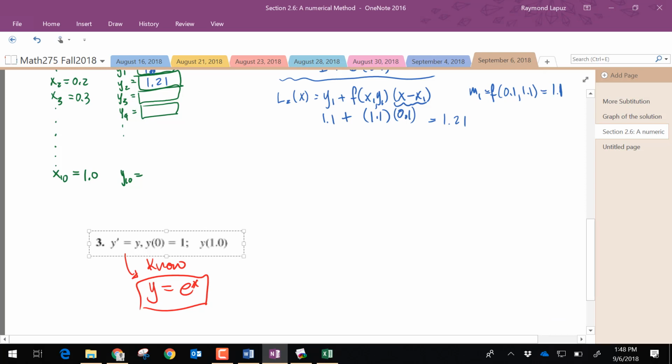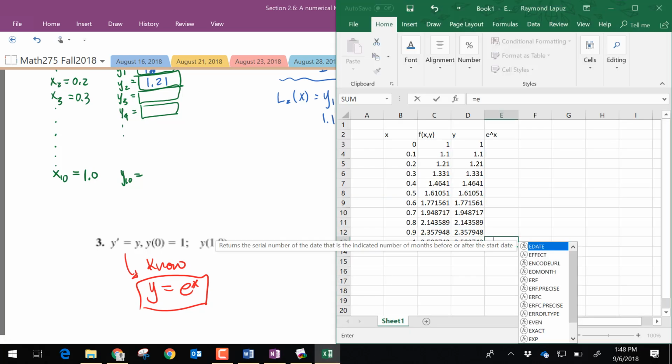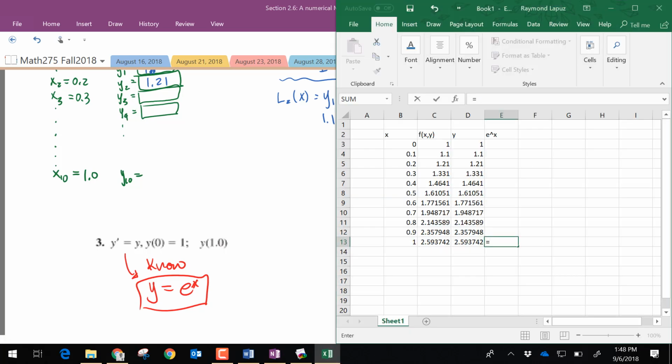And what happens when you put 1 into the e to the x function? You get e. What's e equal to? 2.718-ish. And so our approximation gave us 2.93, whatever, 2.93. So that's fairly close, isn't it?